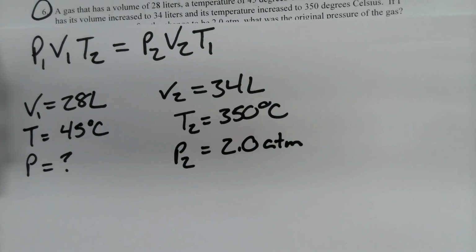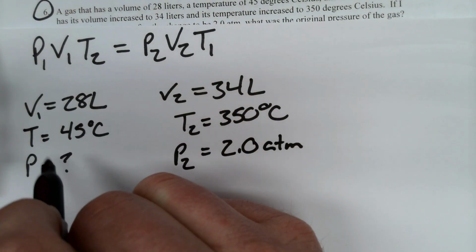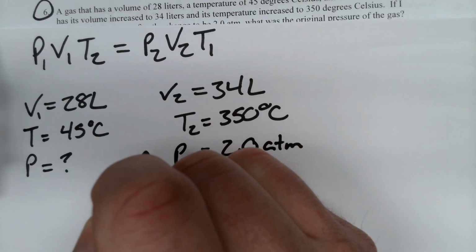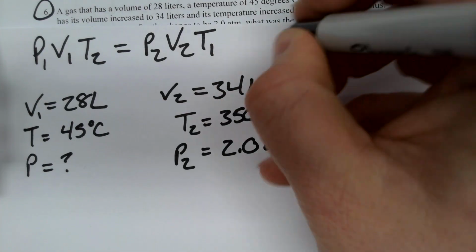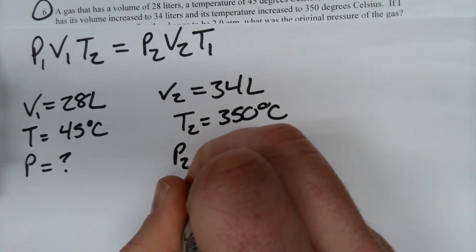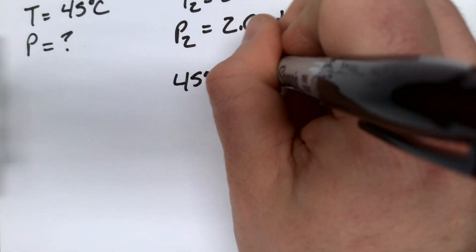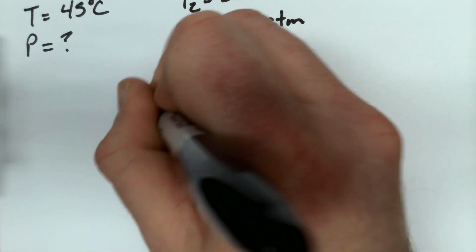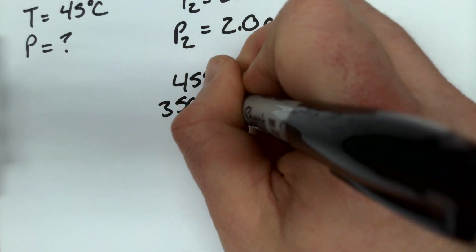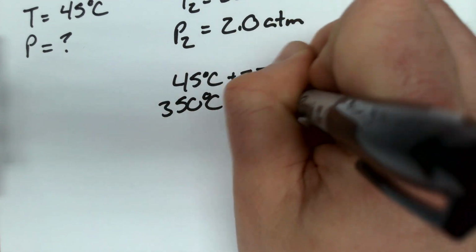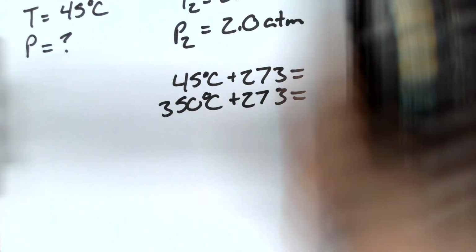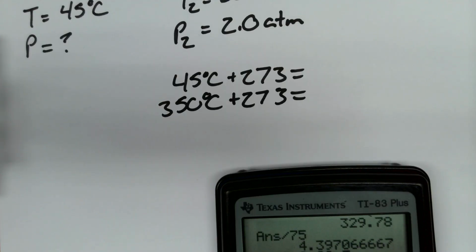So first thing I want to do is convert my temperatures, my degrees Celsius, into Kelvin. So I do that by 45 degrees C plus 273, 350 degrees C plus 273. Put my handy dandy calculator. 45 plus 273.